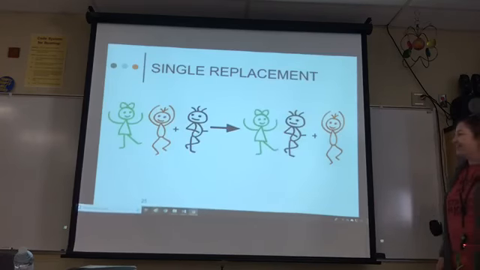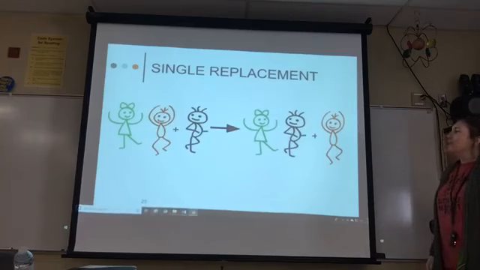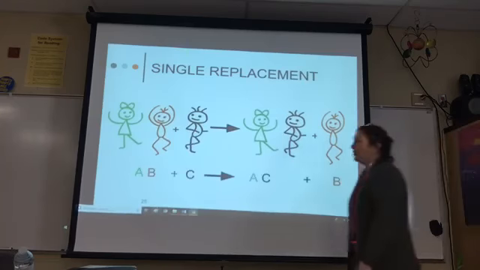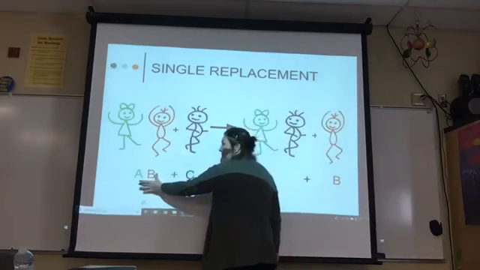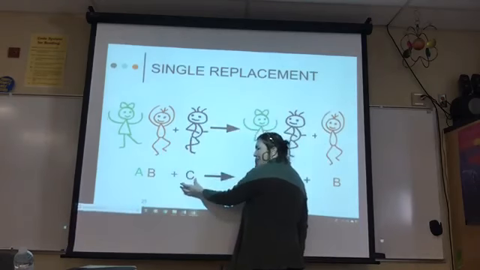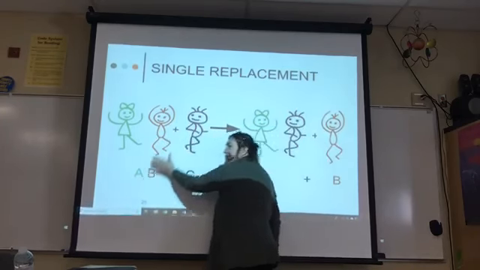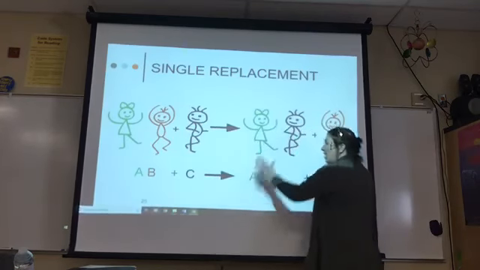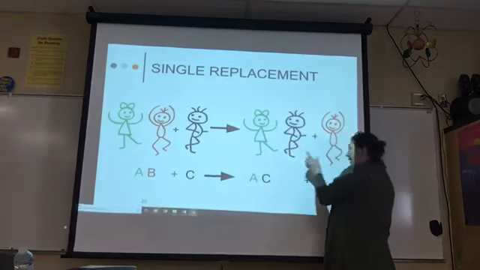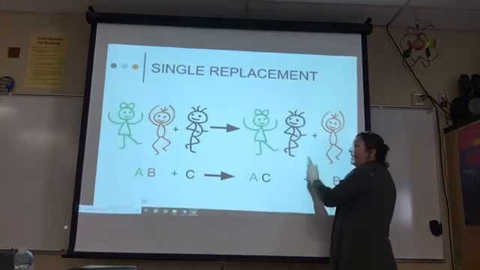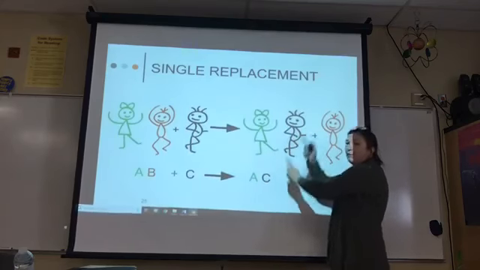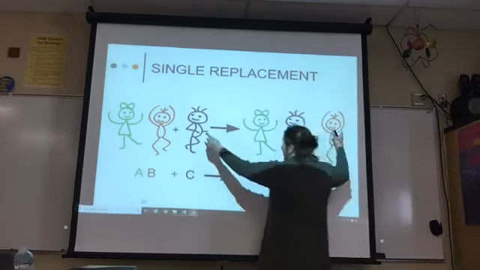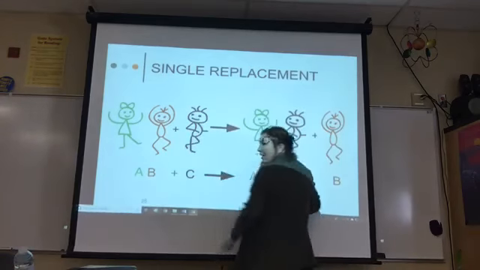So, yes. Okay? You start off with a couple, A, B. You introduce C. You have a compound and a single element. And it makes a new compound and a new single element. Hence the name single replacement. You're singly replacing one element.